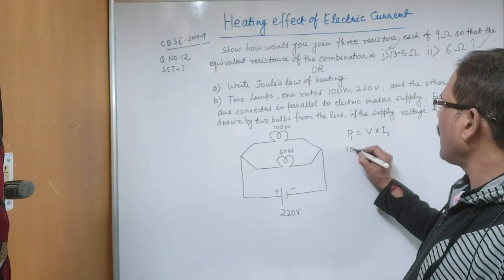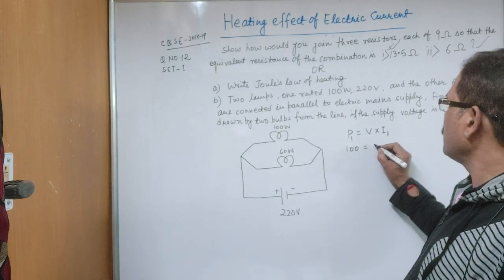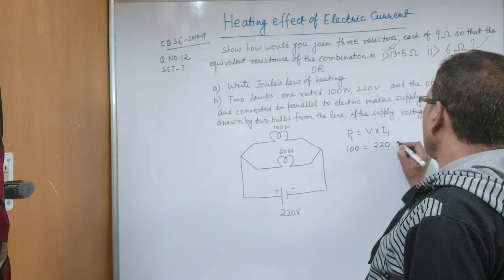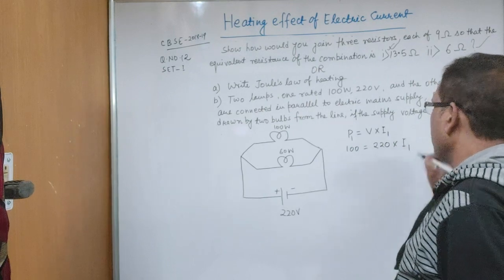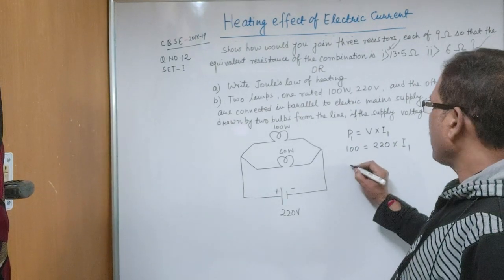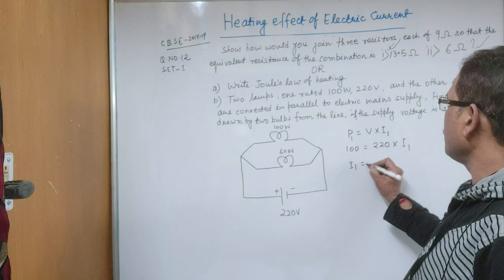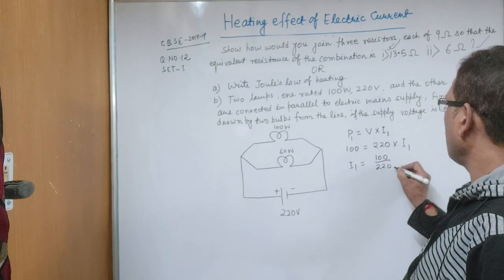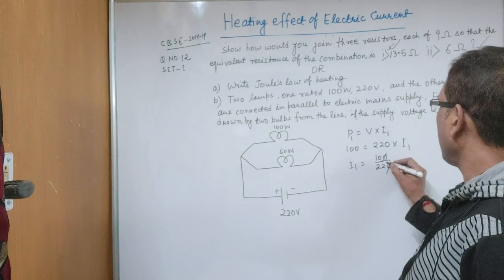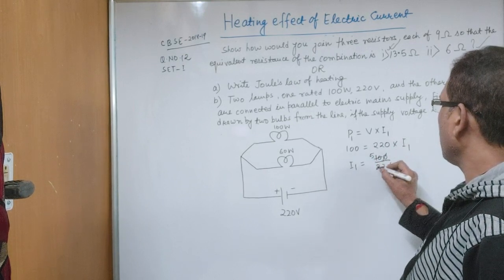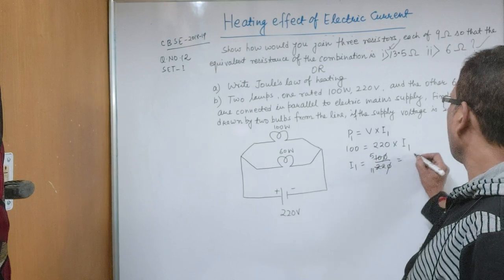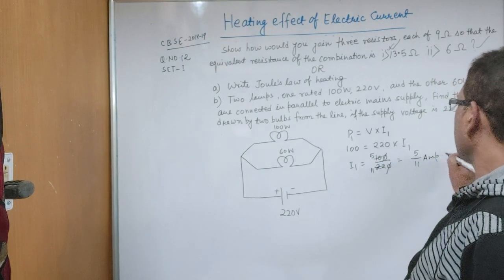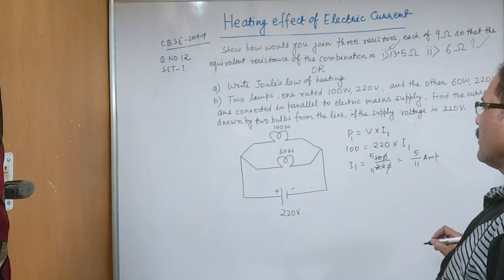So 100 is equal to V, 220 volt, into I. So I1 is equal to 100 by 220. If you simplify, it will be 5 by 11 ampere. This much current flows through the 100 watt bulb.